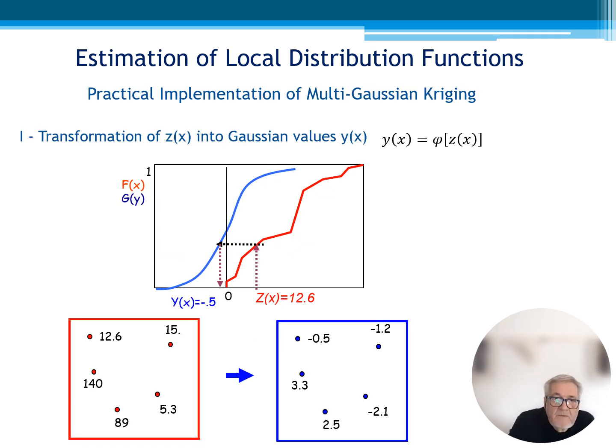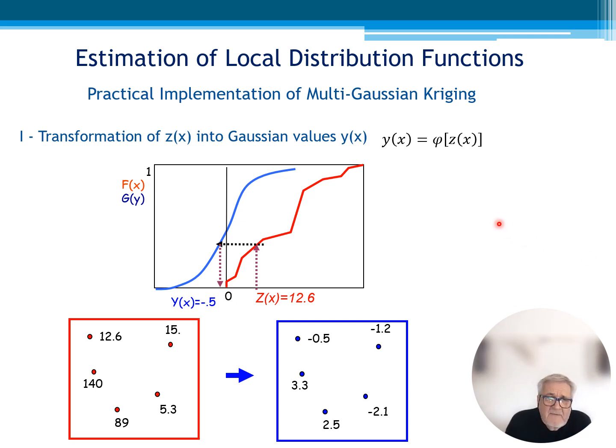Now the problem is we do not have multi-Gaussian variables, and neither a Gaussian distributed variable. So we first have to transform our original variable, our porosity, permeability, whatever, into a Gaussian variable. Transform those values into a Gaussian variable. For that, there are several methods.